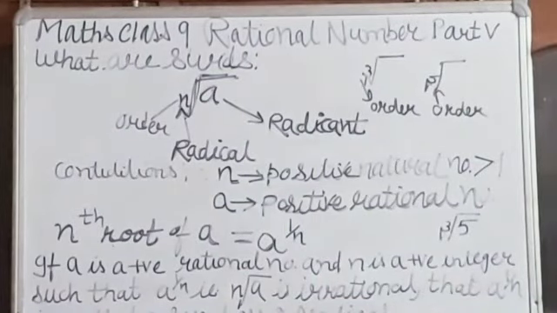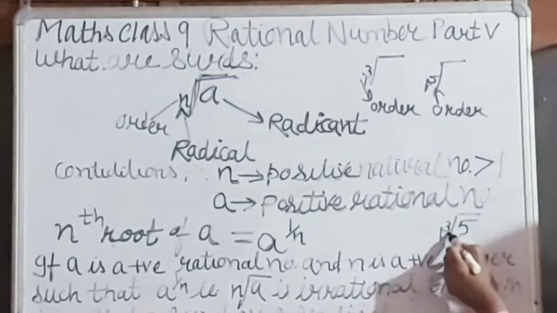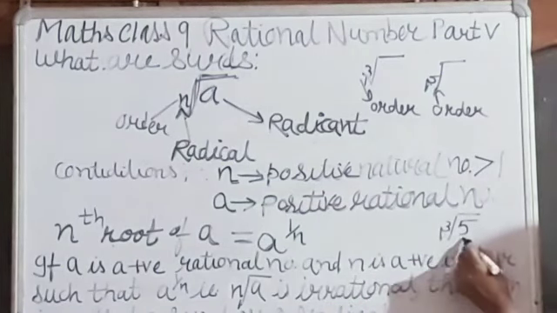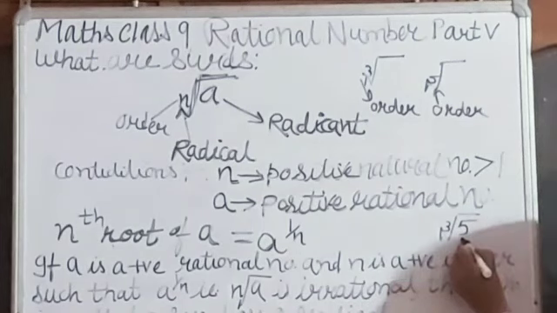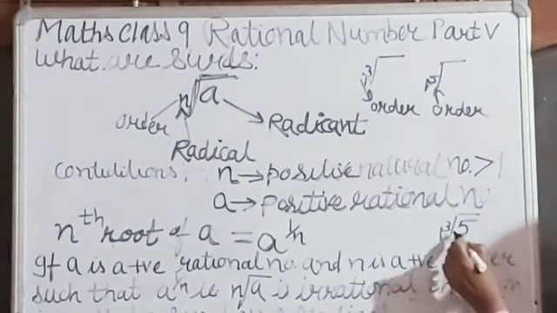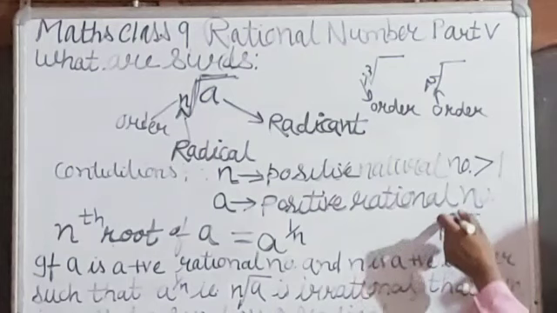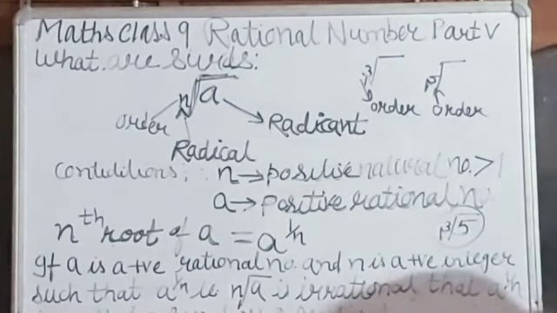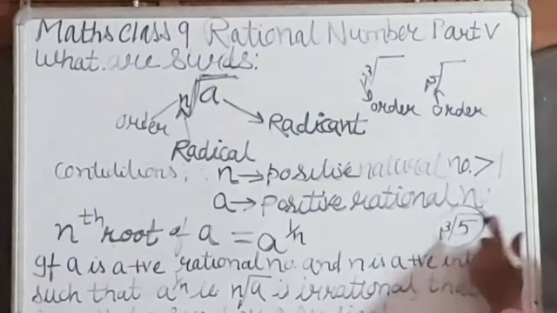Then we can say it is a surd. The cube root of 5 is a surd because n is a natural number greater than 1 and the radicand is a rational number, 5. So its value is an irrational number, and this is a surd.